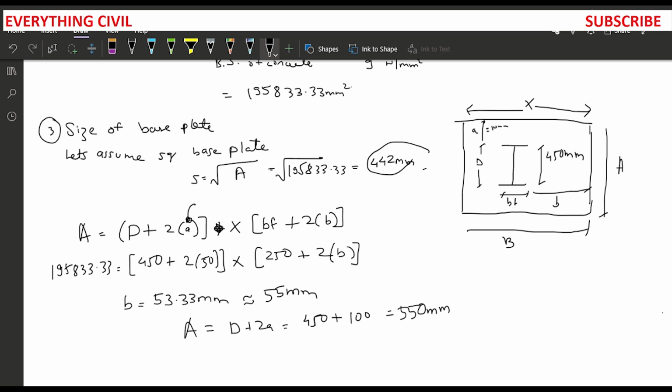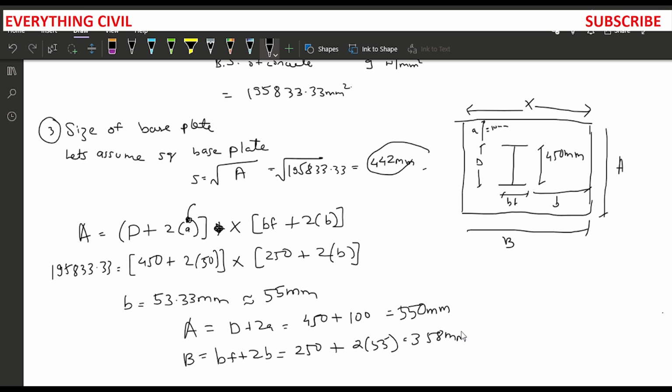Similarly, the value of B will be BF plus 2b, which is 250 plus 2 times 55, and if I solve this, I get 358 mm.